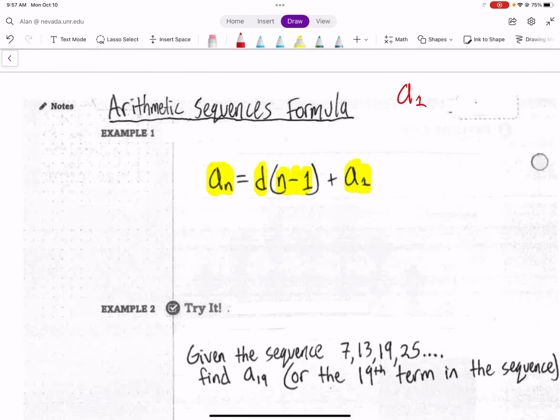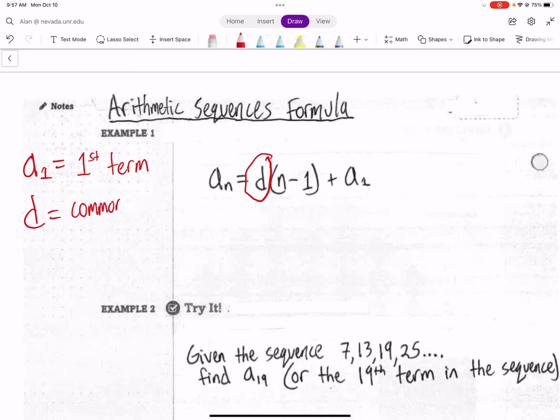So in this formula, we need to know what each term means. The a sub 1 term that we see in the formula right here always represents the first term in the sequence. Then we have the letter d. The letter d in our formula stands for the common difference in our sequence.